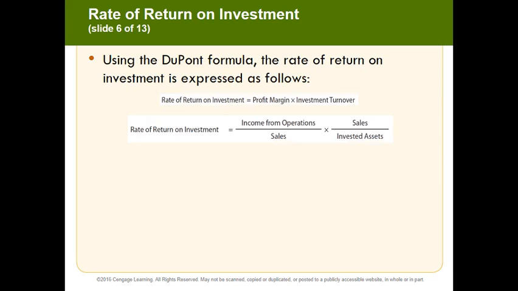So here we have the basic DuPont formula. The rate of return on investment equals profit margin times investment turnover. Profit margin being income from operations divided by sales, and investment turnover being sales divided by investment assets.